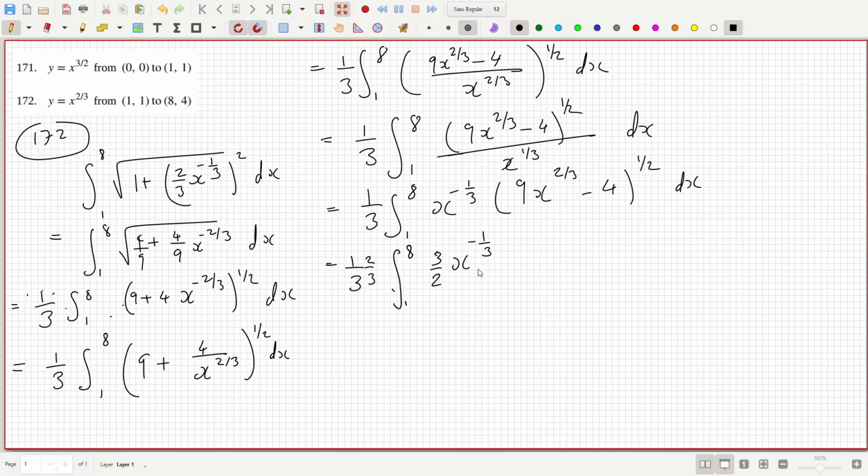Okay. I need to make this look like a derivative. The power, no. A third, 2/3, 3/2, 9, 9, 9x to the power 2/3 minus 4, to the half, dx.